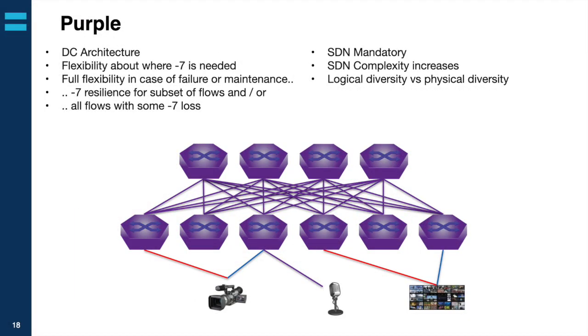Purple networks, right? We're really now starting to ramp up the complexity. So in a purple network, there could be no defined red or blue leaves or spines. You could just connect things together, put your camera into two leaves, put your multi-viewer into two leaves.